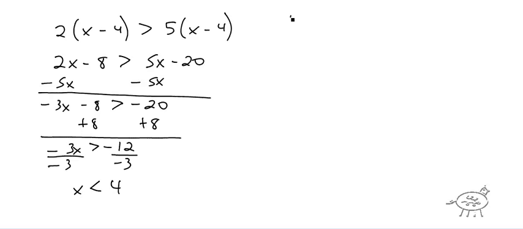Let's try another one. 1/2 parenthesis 4x plus 8 is greater than or equal to negative 6x minus 10 plus x. First step, distribute. So 1/2 times 4x.